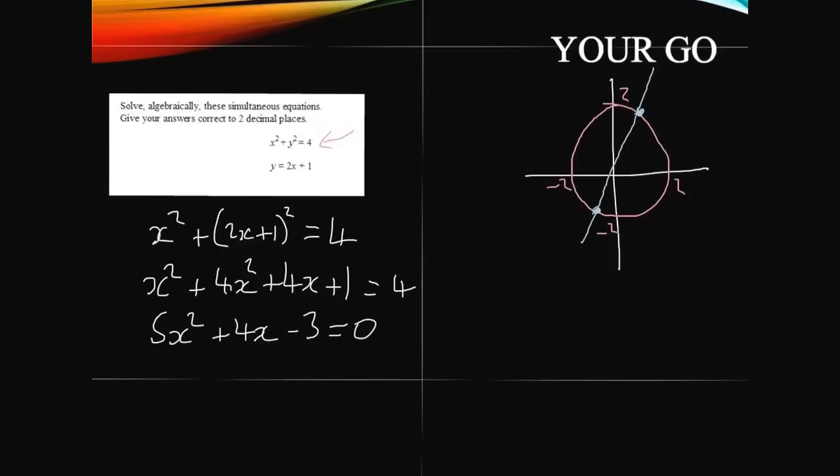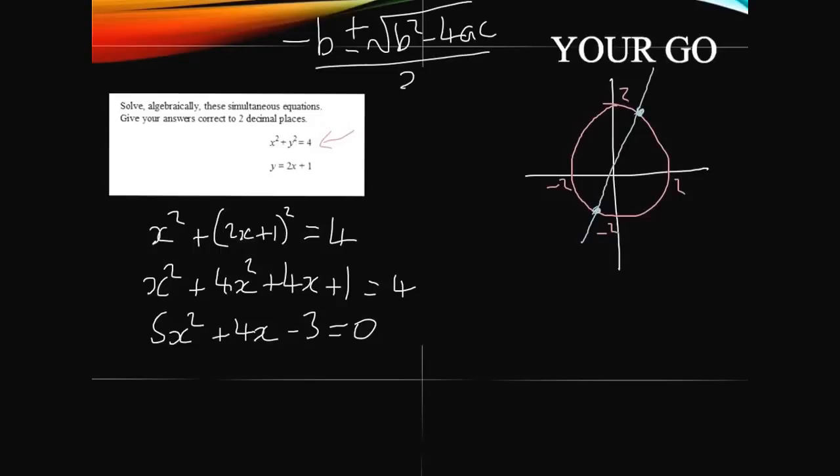And then we're going to use our quadratic formula. So minus b, I'll write it again up here, minus b plus and minus the square root of b squared minus 4ac all over 2a. And we know what our a, here's our a, here's b, here's c. Punch all the numbers in.